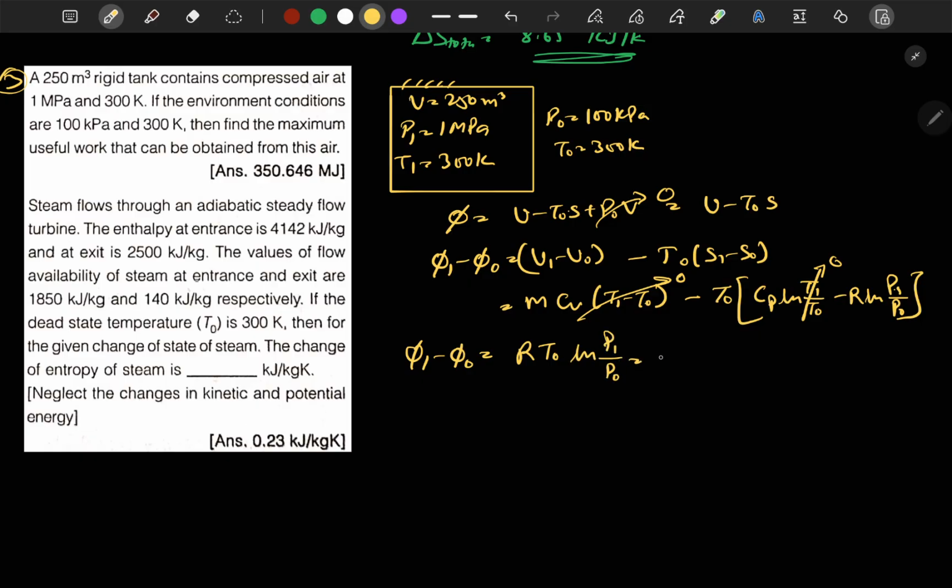From here, R is equal to 0.287, T naught is equal to 300, and ln of P1 by P naught, which is 1000 kilopascal upon 100 kilopascal, is 10. One more thing I forgot here: the MCp and M are multiplied by delta T, and here it will be M, the mass.